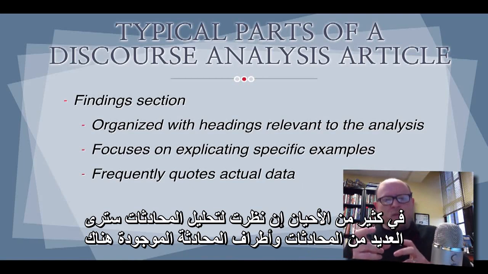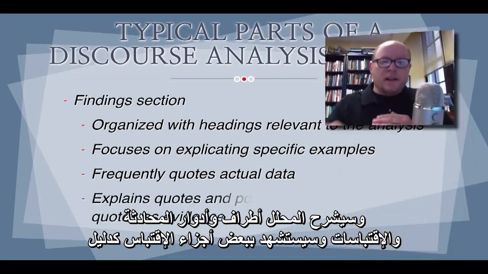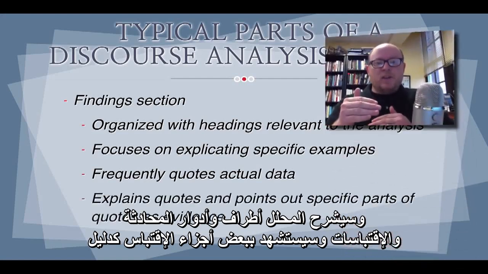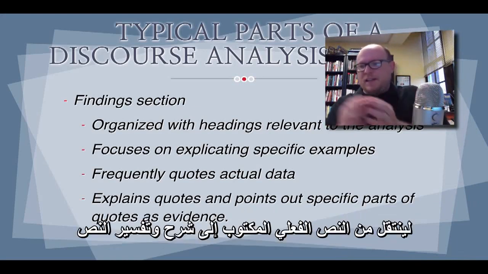Lots of times if you look at discourse analysis that looks at conversation transcripts, for instance, you'll have actual chunks of the conversation and the speaking turns that are in there, and the analyst will go through those turns and explain the quotes, and then point out specific parts of the quotes as evidence to move from the actual raw text into a kind of interpretation of the text.